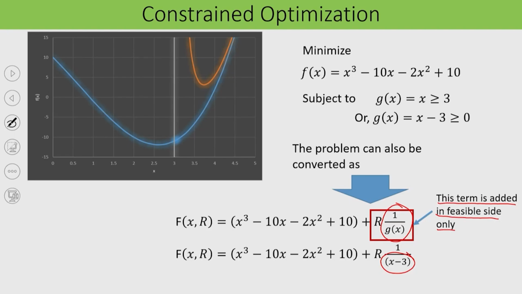Once you are away from the optimum, where the optimal solution is this, this value will be large, so 1 by x minus 3 will be very small. So, basically you are not penalizing the solution which is away from the optimum, but the solution which is near to the optimum. What will happen? x minus 3 will be very small and 1 by x minus 3 will be very large.